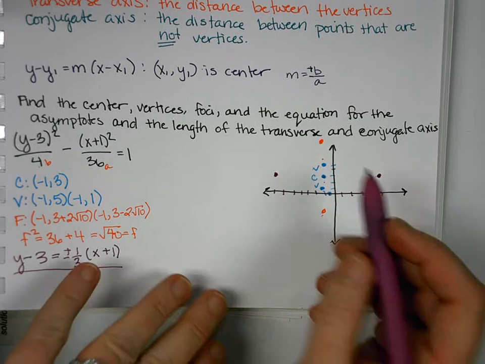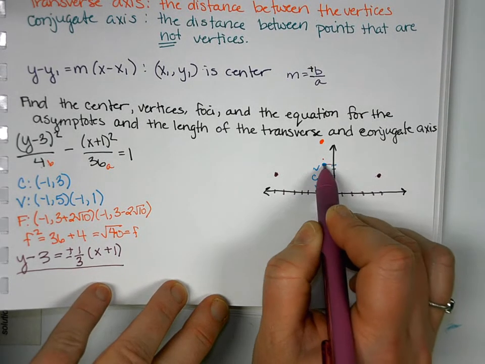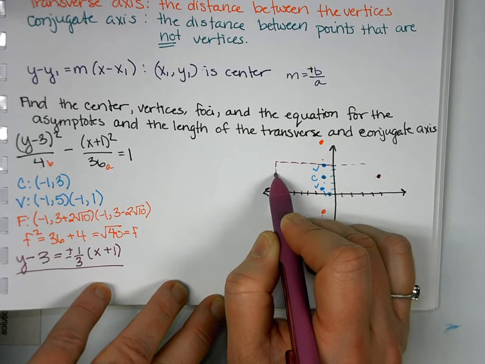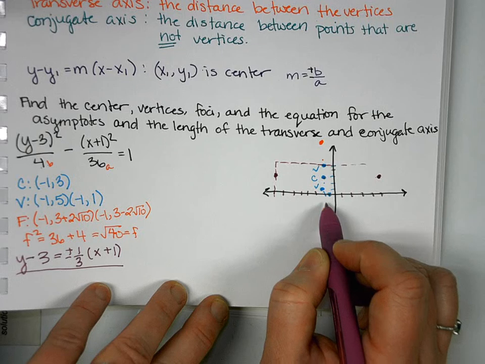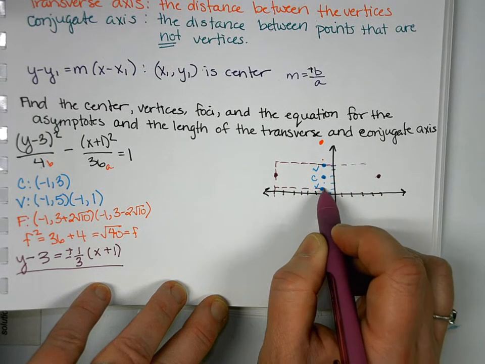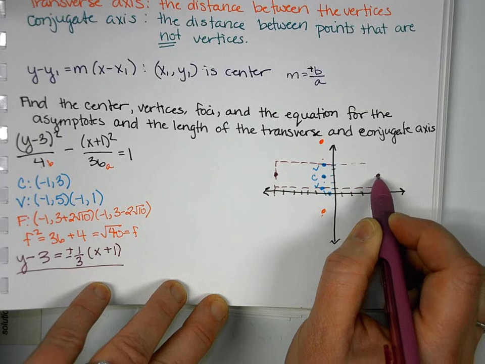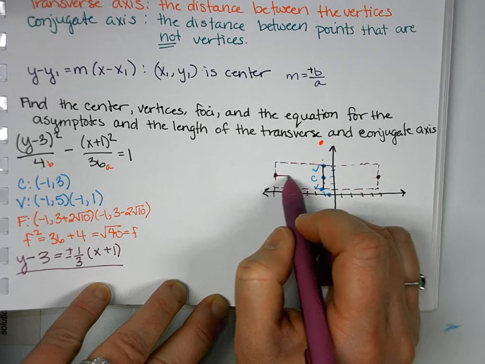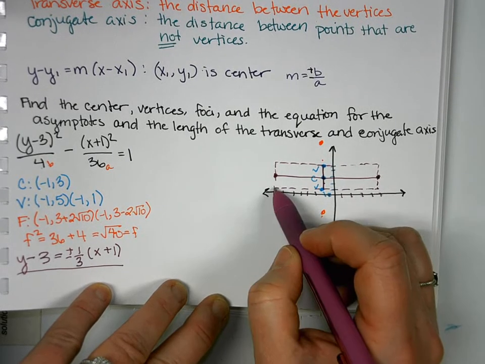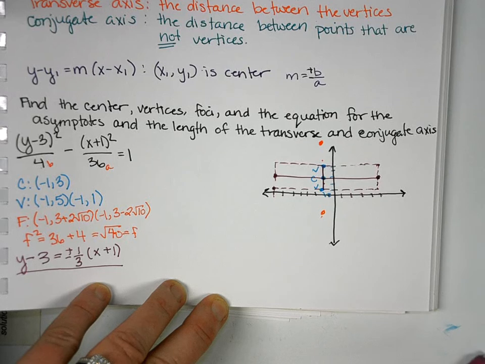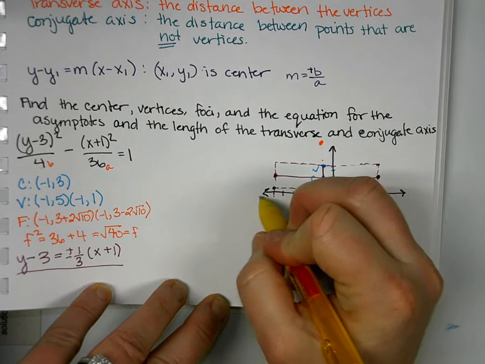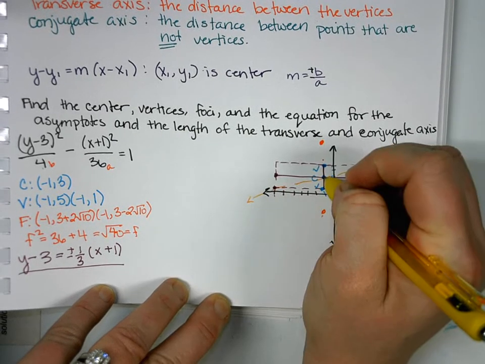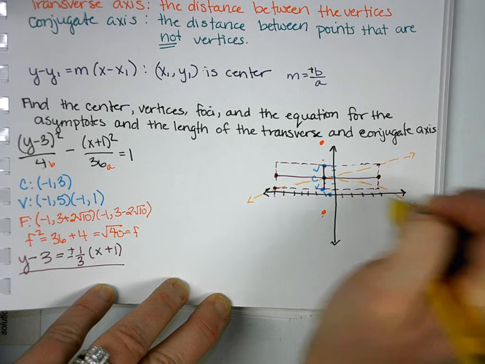If you were to take your vertices and draw a box where each of these conjugate and transverse axes divide it, because here's your transverse, here's your conjugate axes, these endpoints are part of your asymptote. So you'd be able to just sketch these through the center, through the corners of that box, and you have your asymptotes without actually having to find the equations.